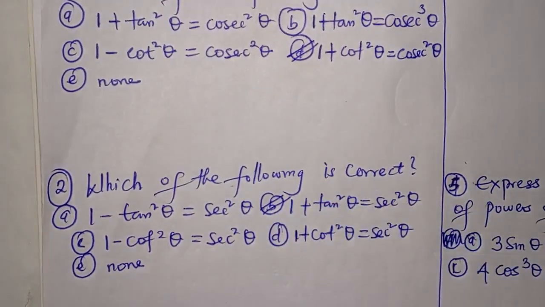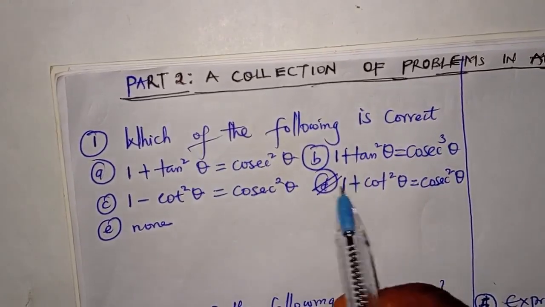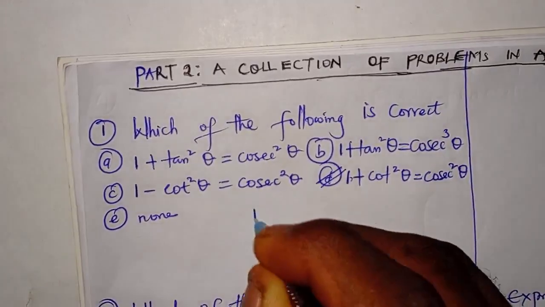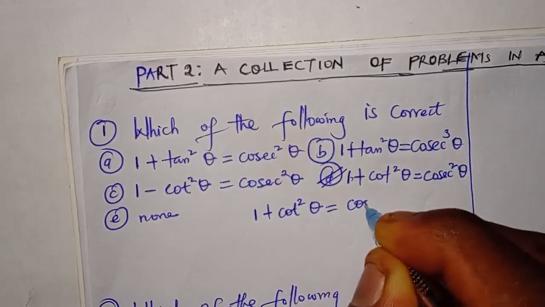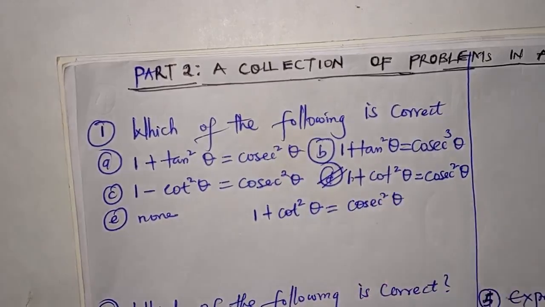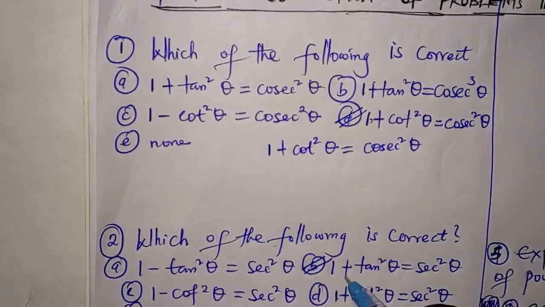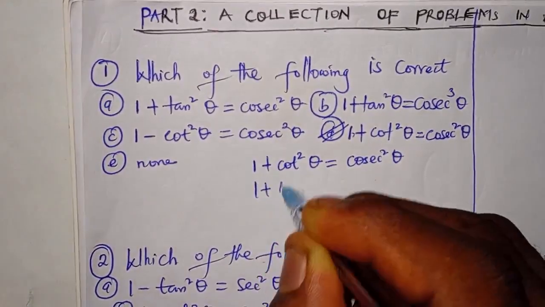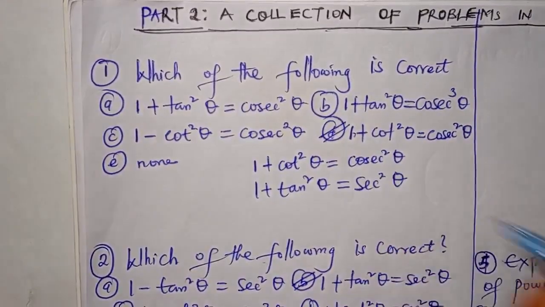Take note of this. Now, these basic identities you must know. The first one says 1 plus cot squared theta equal to cosec squared theta. That's one. The second one is the one we established in question 2: 1 plus tan squared theta is sec squared theta.